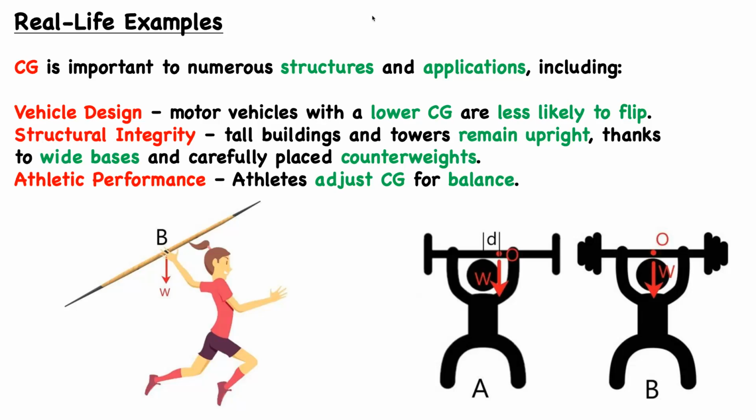So again, no moment is produced, so no counter moment needs to be produced, leaving them to exert all of their effort towards accomplishing the task. But in person A's case, because they're holding it in an asymmetrical fashion, well then that center of gravity is not center with them. So this means a moment will indeed be produced, requiring a counter moment to keep it in balance, which will make this person's life a lot more difficult.